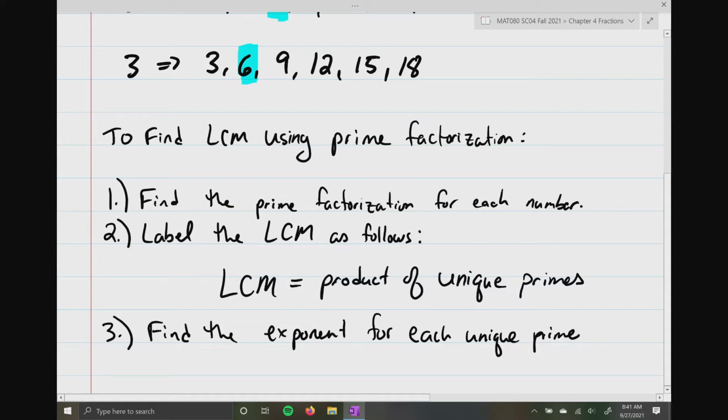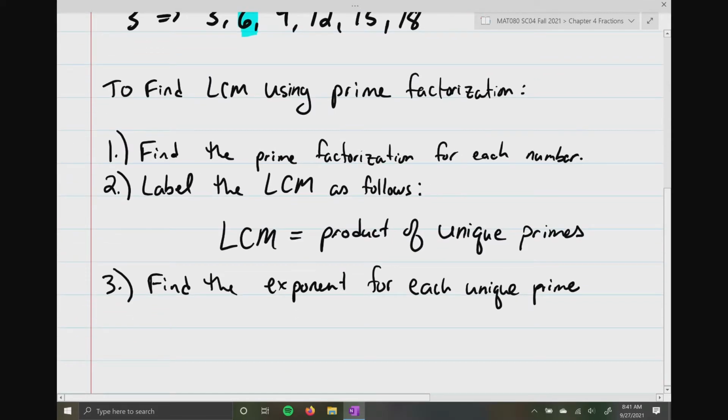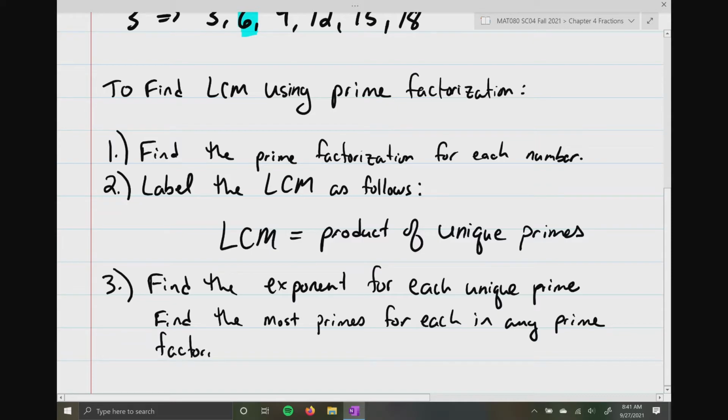Now, there is the last step. You got to find the exponent for each unique prime. And to do this, to find this, you're gonna look at each prime number and you're gonna look at the factorization.